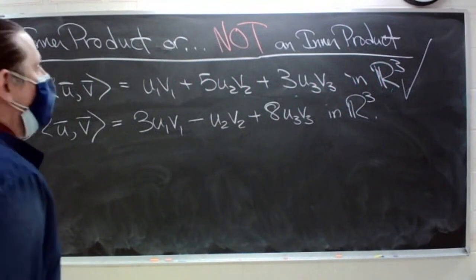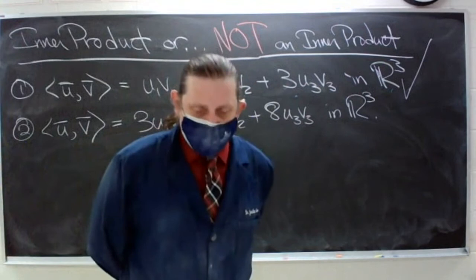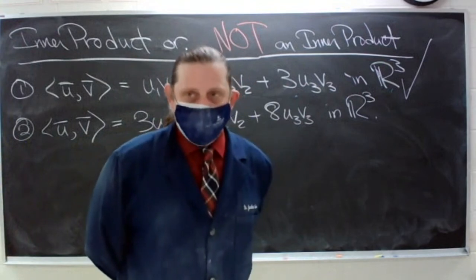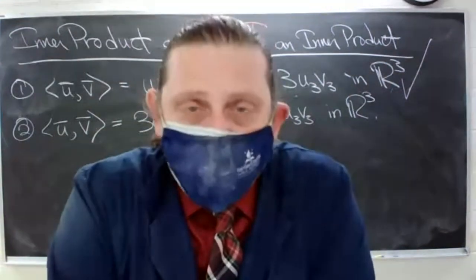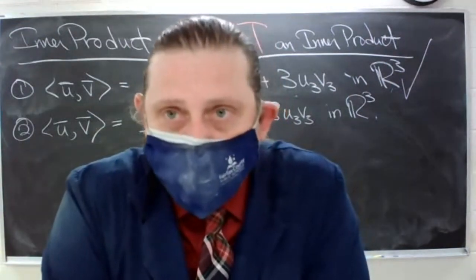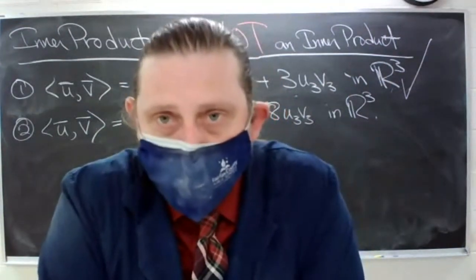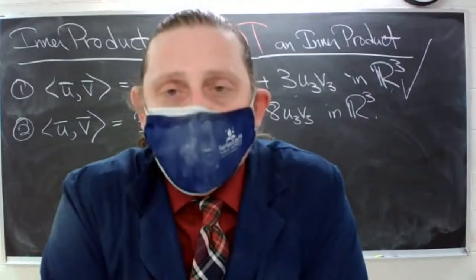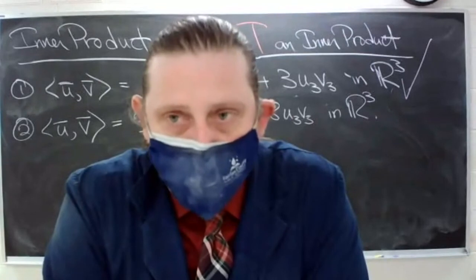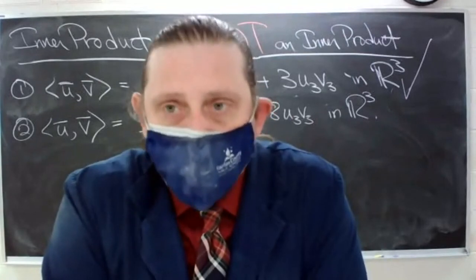Well, because of property 3, positivity. Property 3 is often the one that's going to lead to trouble. Property 3 is the most simple of the 3 properties.